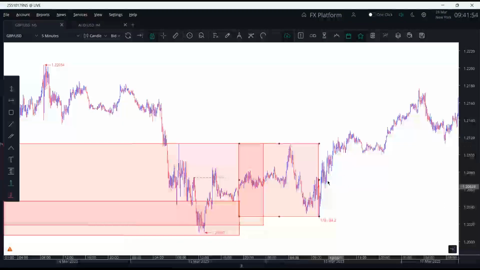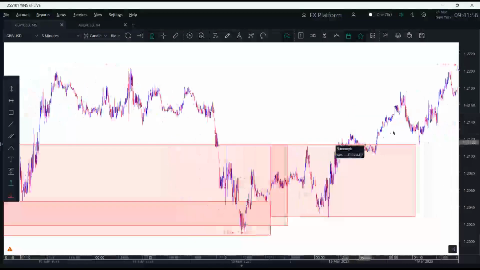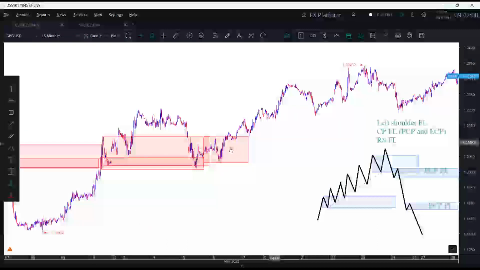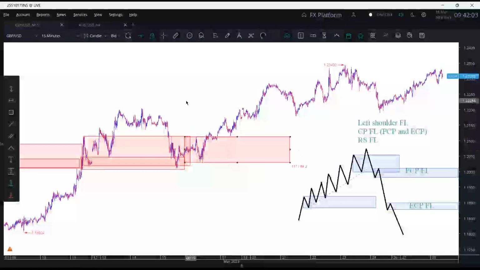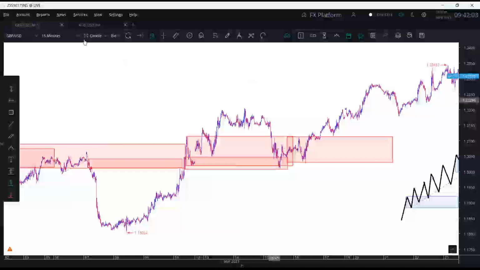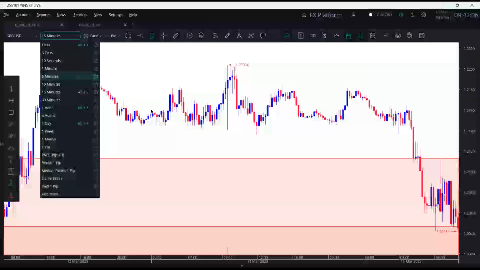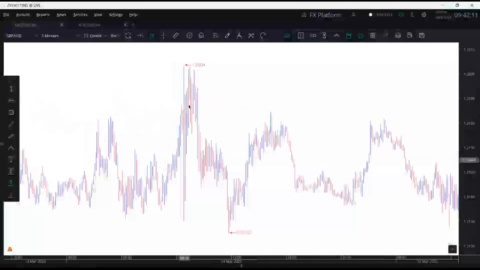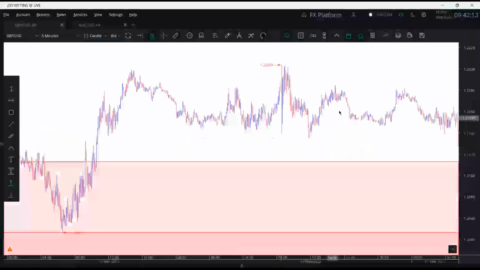So this is the RSFL, but price didn't get back to it. No worries, but let's see what else we've got here. Here we have some left shoulder king and these sort of things.